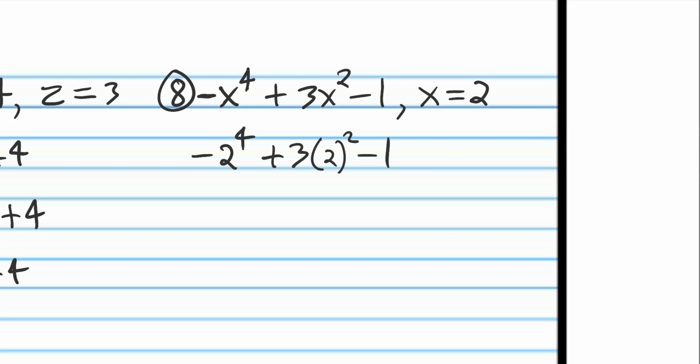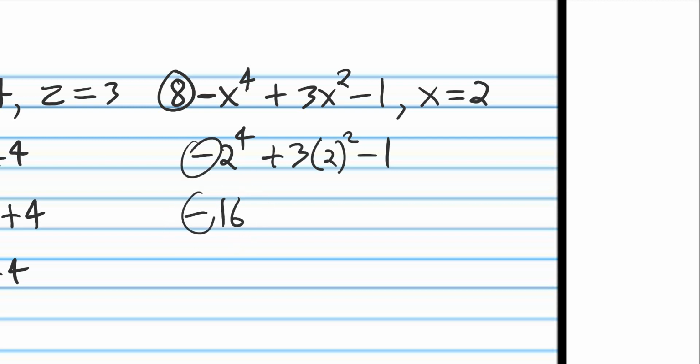So again, this is not raising the negative to the 4th power. It's just raising the 2 to the 4th power. So 2 to the 4th power is 16, and we just tack that -1 on there. If you had parentheses around that, then it would be positive 16, not -16.